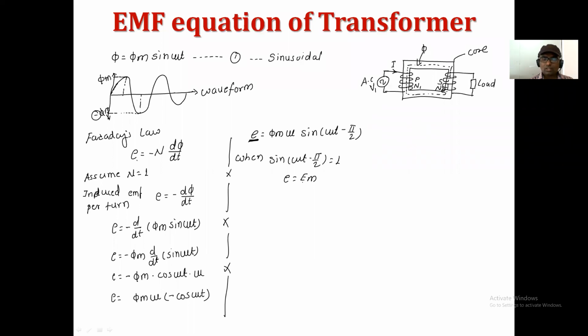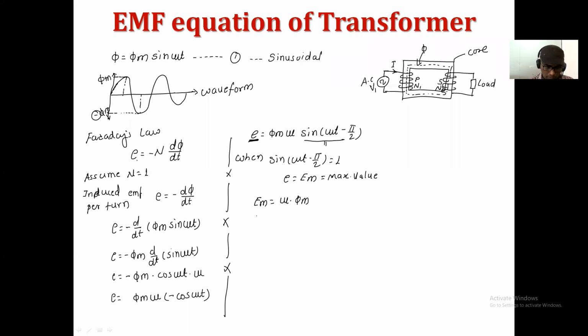Now if I put sin omega t equal to 1, then instead of e I put Em, and we have the value omega into phi m, and this omega is nothing but the angular velocity.